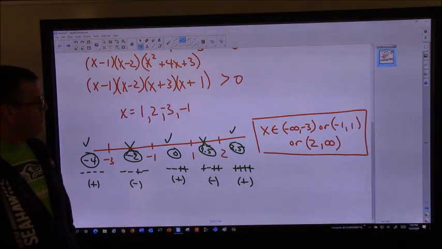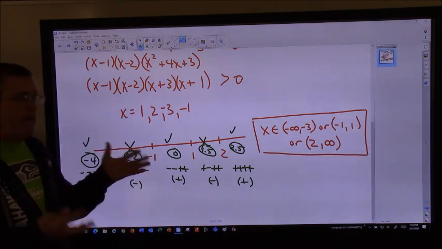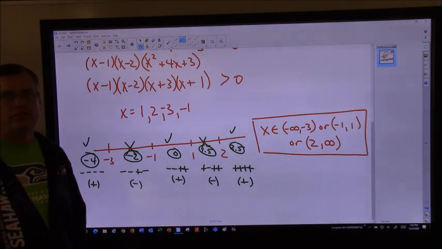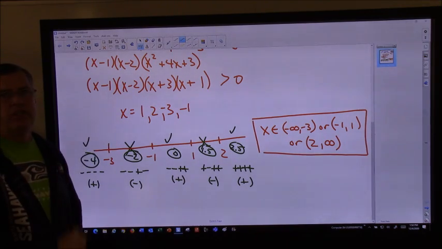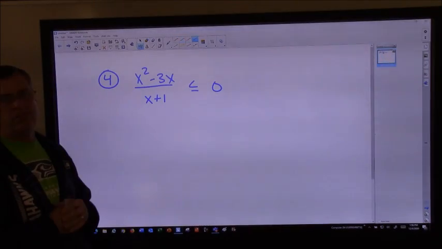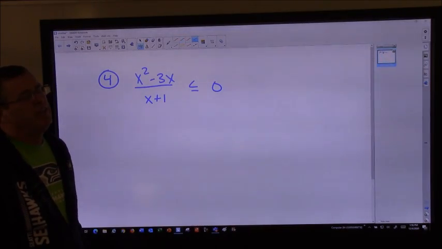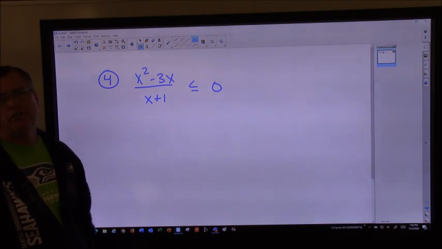All right, so we got one more example to look at, and this is the question, what happens if we have a fraction here? Sounds like it would be a lot more difficult, but it really isn't. Let's try it. All right, so I know when you look at this, you go, oh no, come on Judson, not fractions. I don't think this is any harder than the last ones we've done.